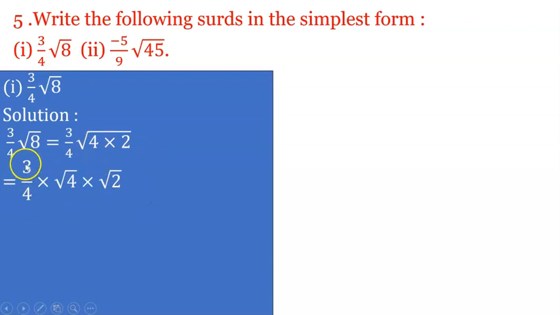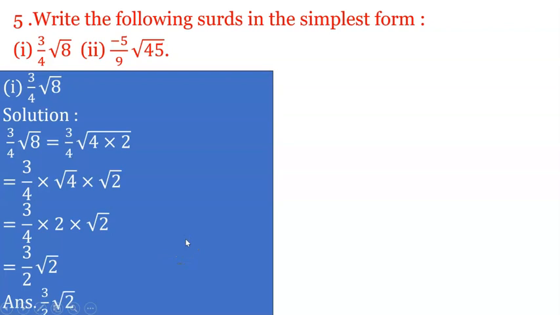Now separate this: 3 by 4 into root 4 into root 2. Root 4 means 2. Therefore 3 by 4 into 2 into root 2. After simplification, you will get 3 by 2 into root 2, and this is the simplified form.